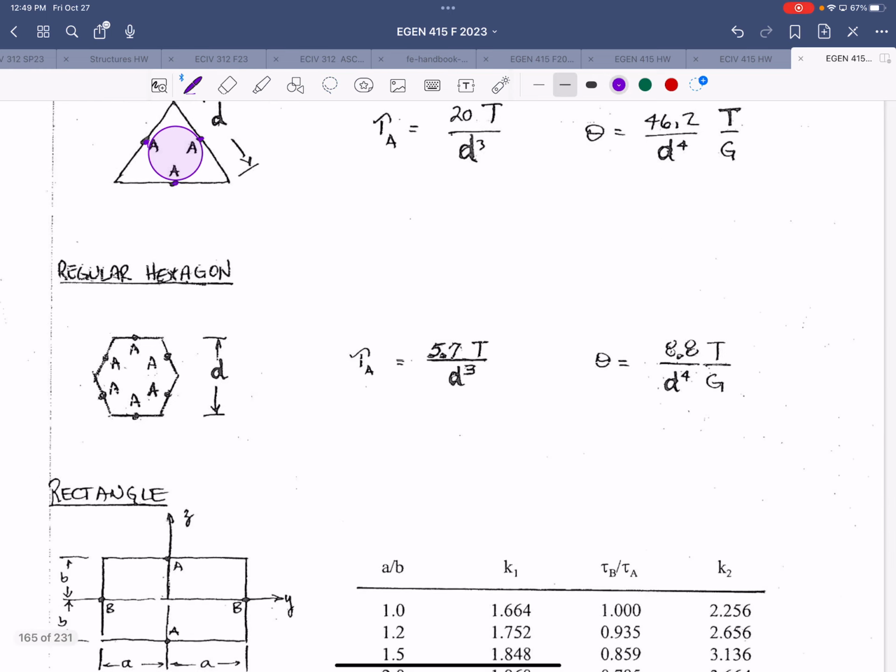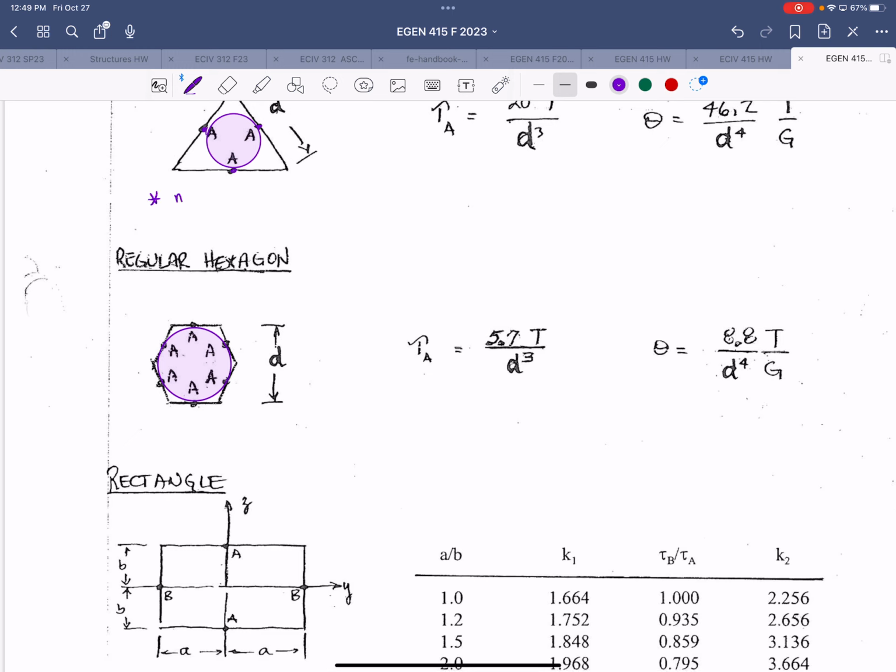Compared to this hexagon, if we were to inscribe a circle that would fit inside, there's a lot more material in the triangular shape that's basically not participating much in the torsional resistance at all, right? So smaller interior angles, like the triangle, would be less torsionally active in response to an applied torque.